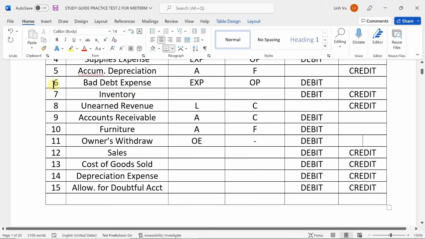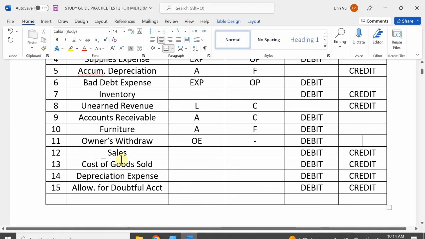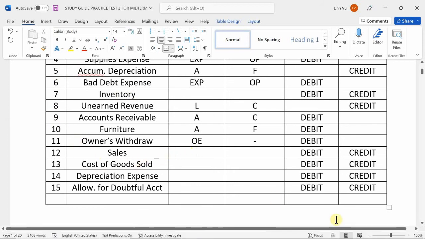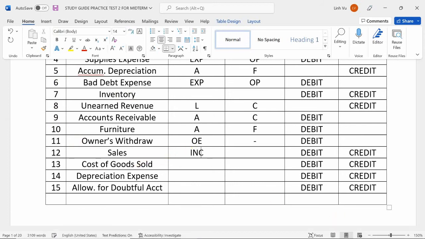Then we have sales. Sales is our main way we generate income or revenues. Okay? And this one is definitely going to be for the operations of the company, right? Operating income. Right? And to increase your sales, you are going to have a normal credit balance.